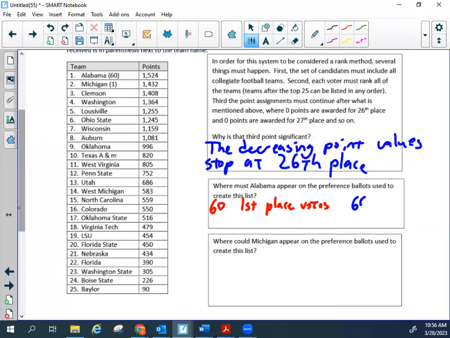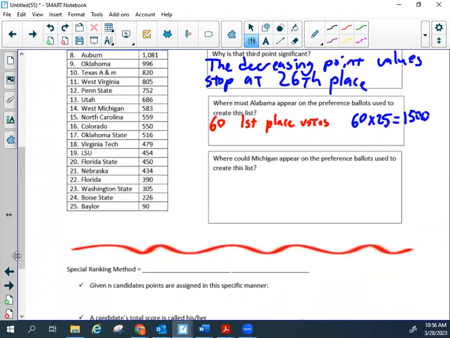So 60 votes times 25 points each comes out to 1,500. And we know their total is 1,524.